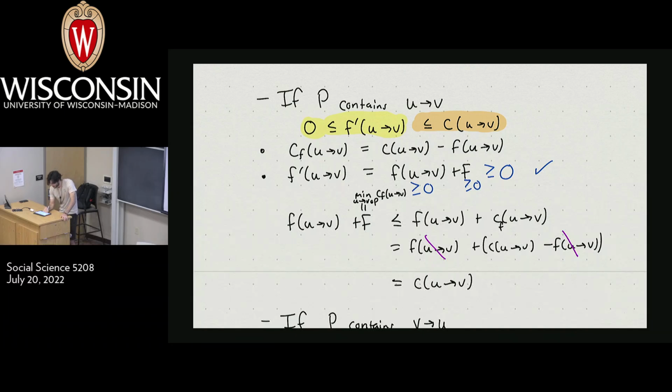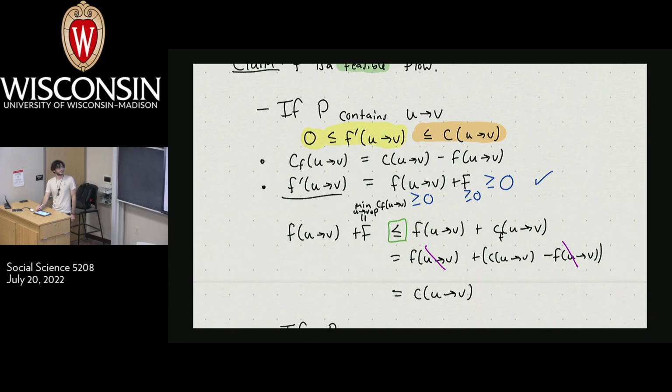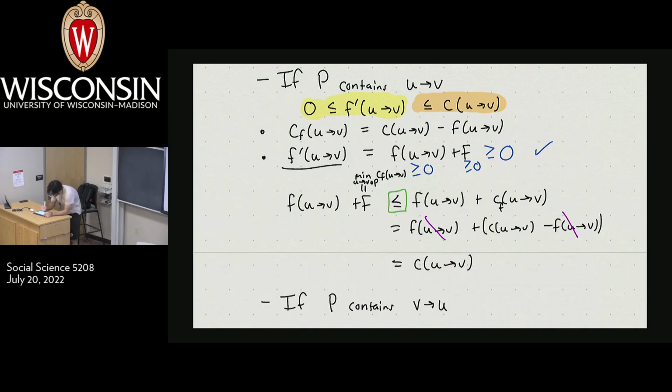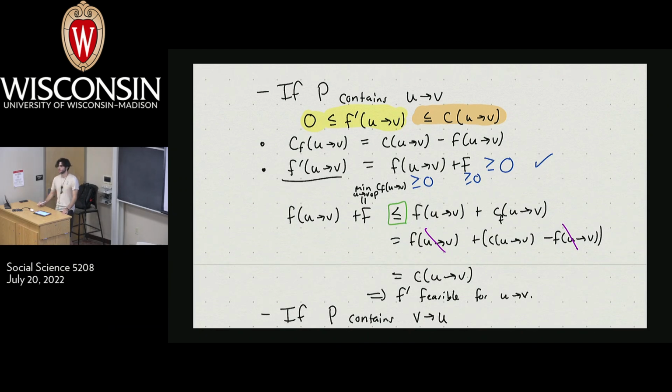So this proves that our flow value, f prime, is at most the capacity u to v. And so f prime is feasible in this case. So this implies f prime is feasible for the edge u to v. Any questions on that?